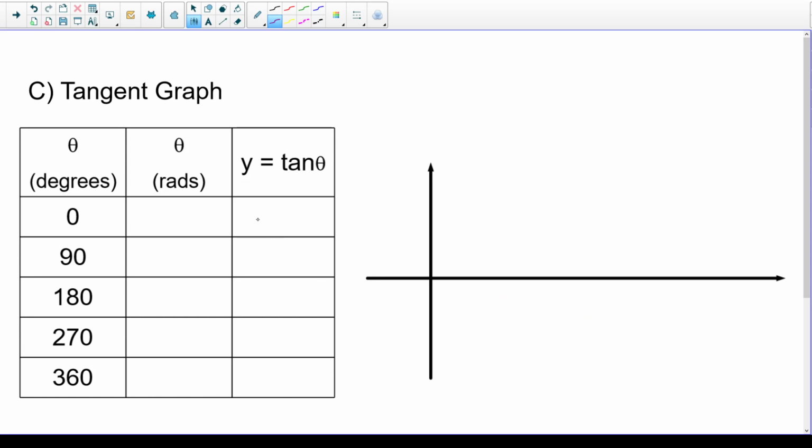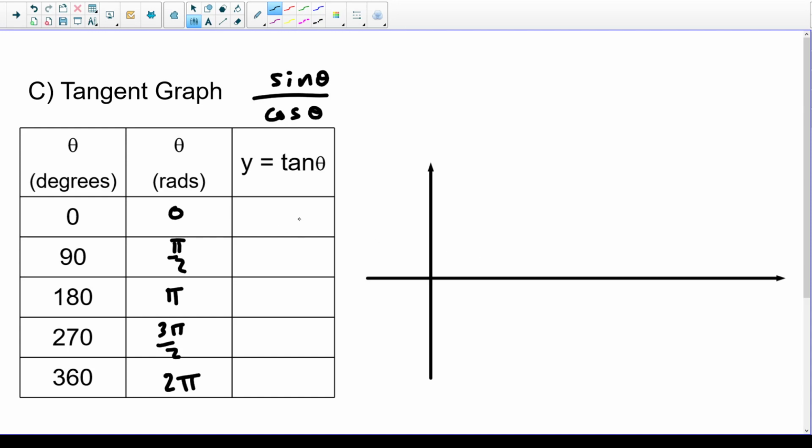Now, what about the tangent graph? Let me just fill these in again. The tangent graph is sine theta over cosine theta, which is something we saw a long time ago.